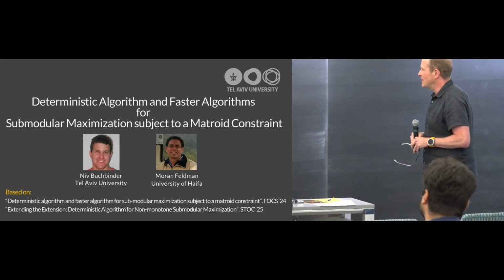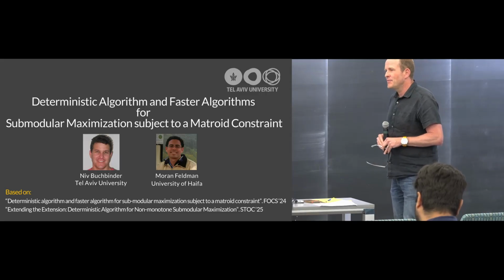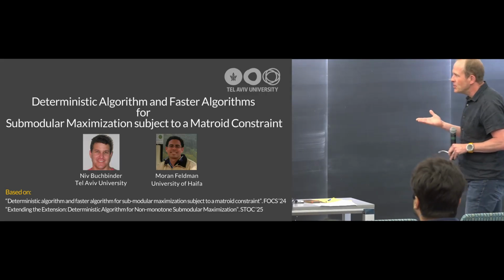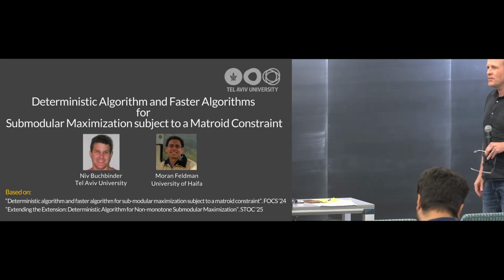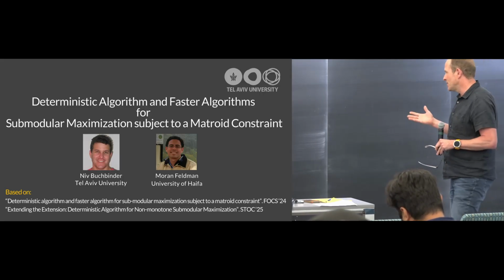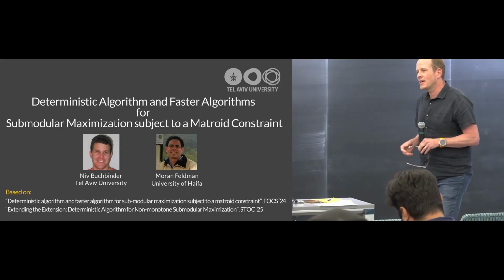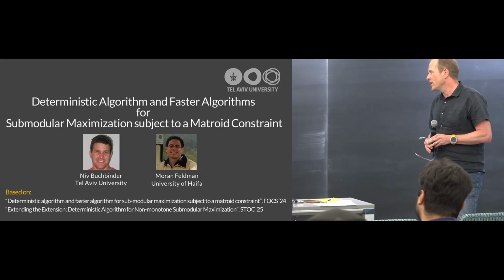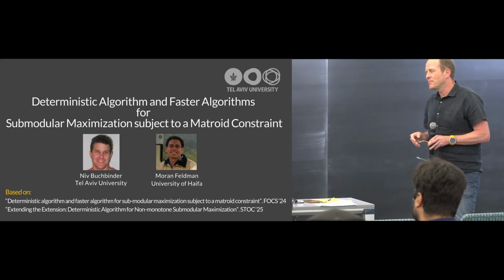So Niv is a professor in Tel Aviv in statistics and operations research. He did his PhD in 2008 at Technion, and after that moved on to Microsoft Research in New England for a postdoc for 2 years, and after that Tel Aviv.